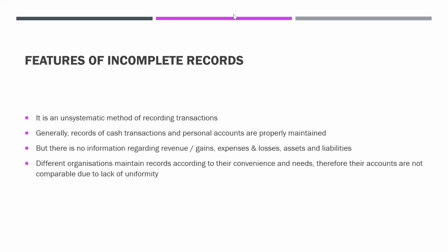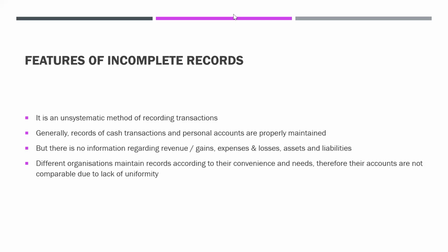General cash transactions and personal transactions are maintained one after another as per their occurrence, but there is no information regarding revenue, expenses and losses, assets and liabilities. You may not find it in a proper manner in that particular notebook.